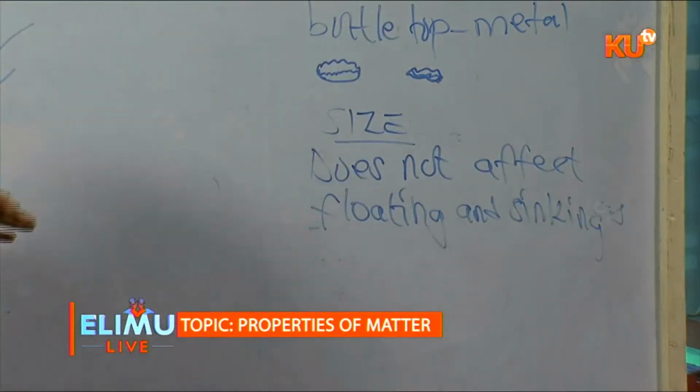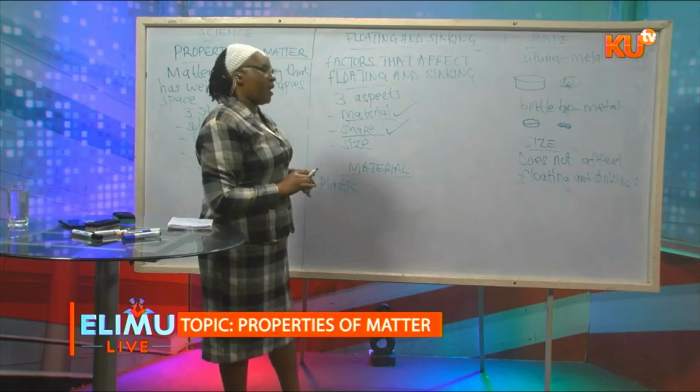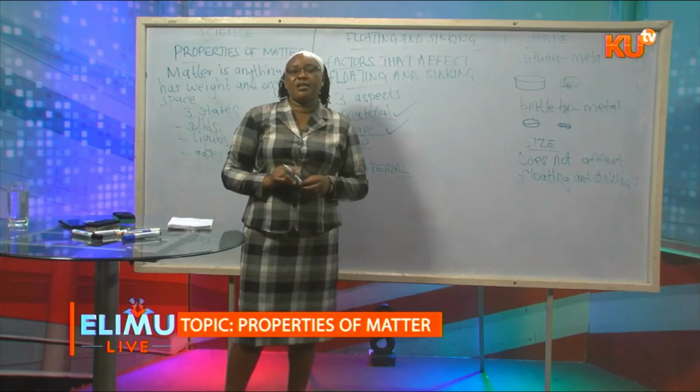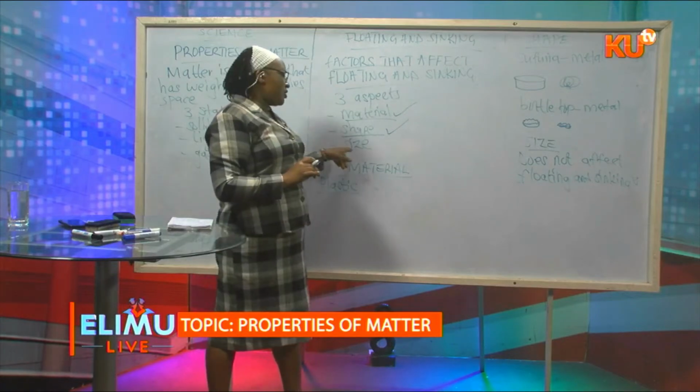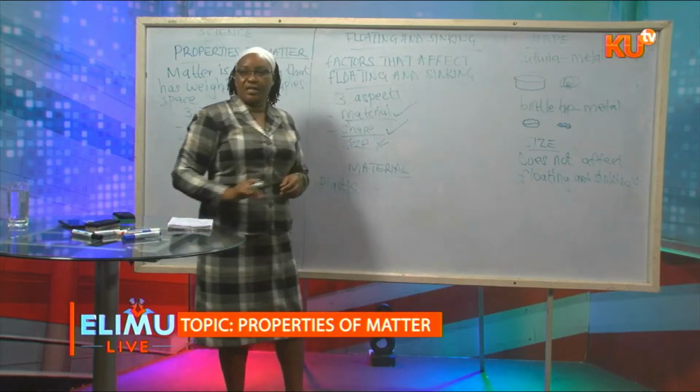So we have learned that of the three aspects which are investigated in floating and sinking, only two of them affect floating and sinking, and that is the material and the shape. The size does not affect floating and sinking.